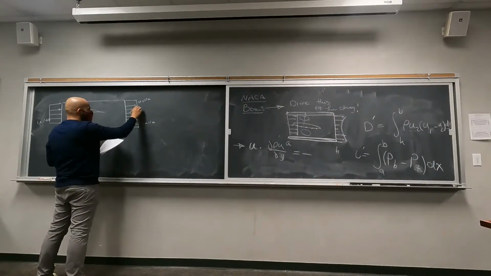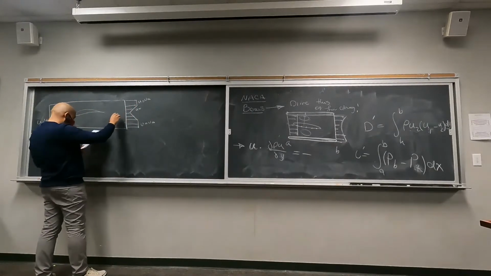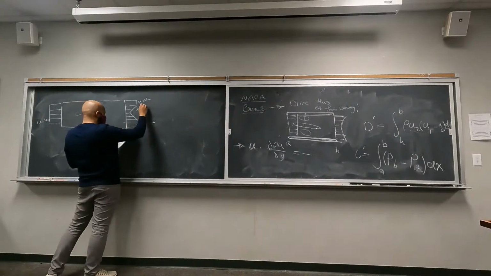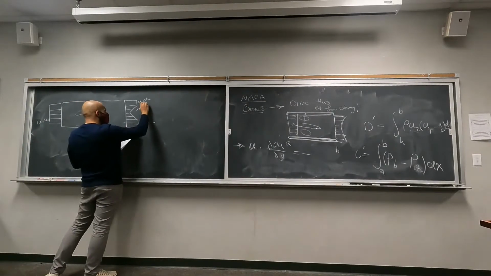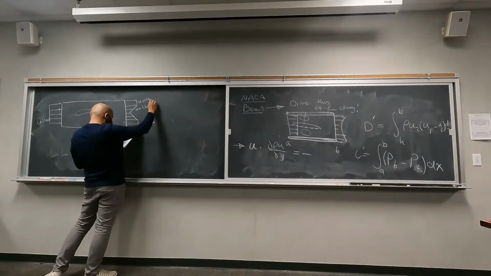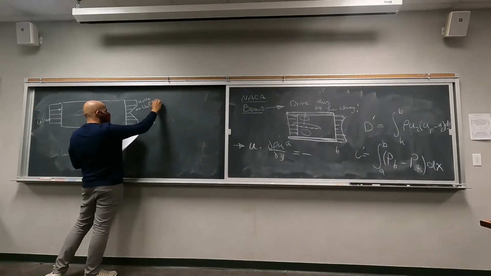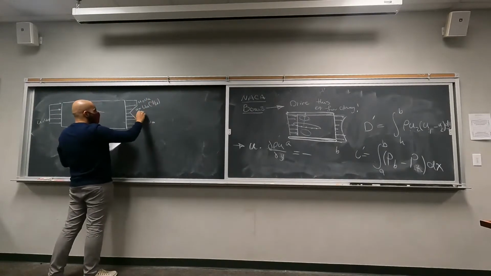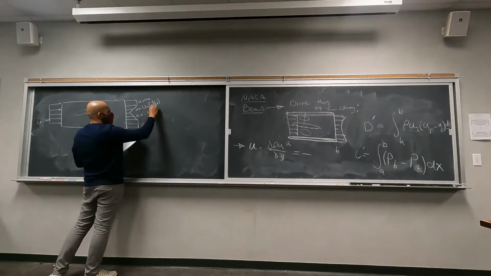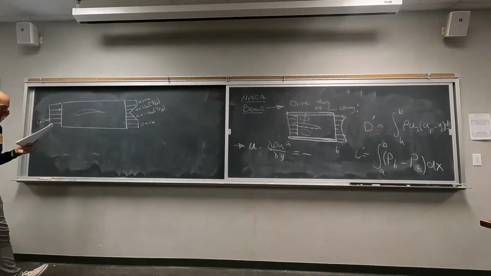Then u is u infinity multiplied by negative y over h, because of the negative slope.